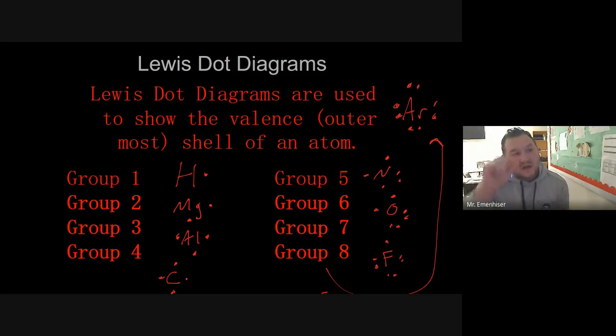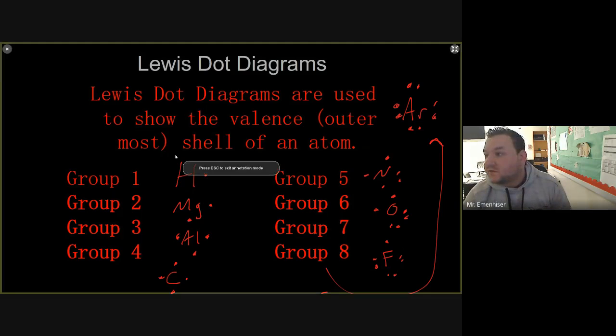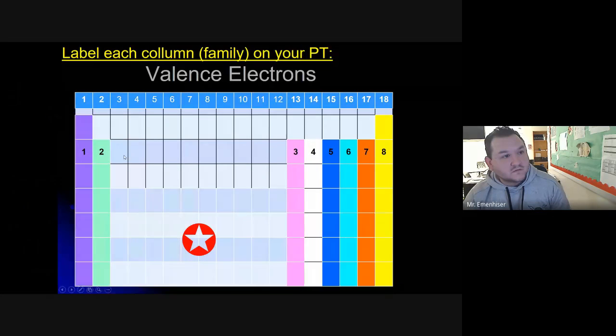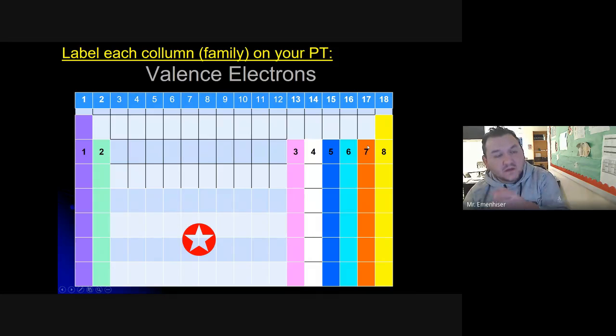So as you go from hydrogen over, let's look at our periodic table. We're going to fill that outer shell. So as we go from this group over, hydrogen to helium, or hydrogen to beryllium to group 3, each time you move across one at a time, you're adding valence electrons to that outer shell. All right, group 1 has 1 valence electron, group 2 has 2. So it's 1, 2, skip a few, then you go to 3.